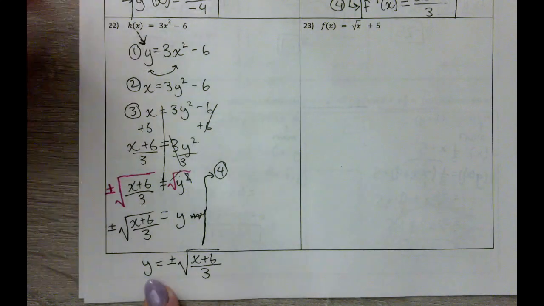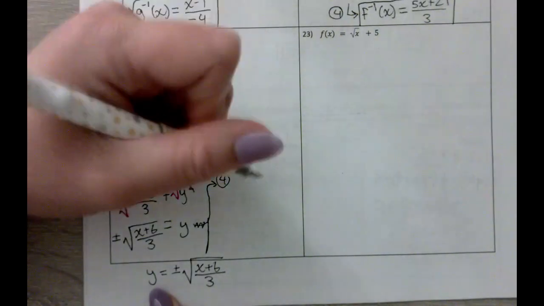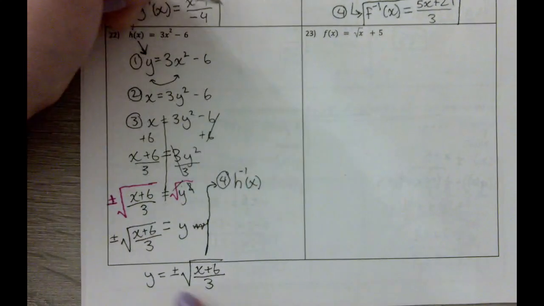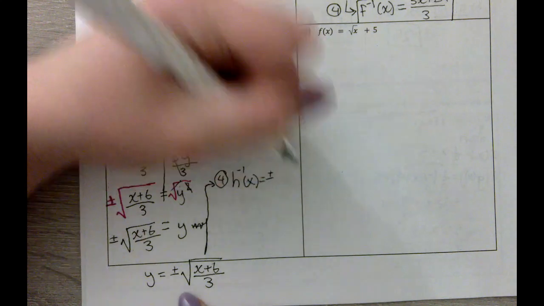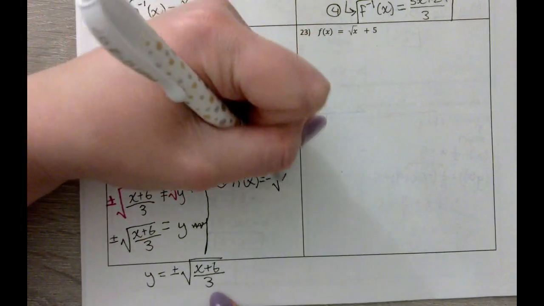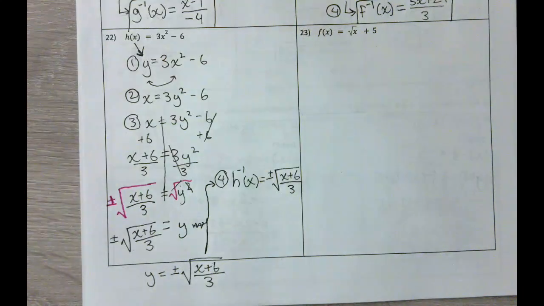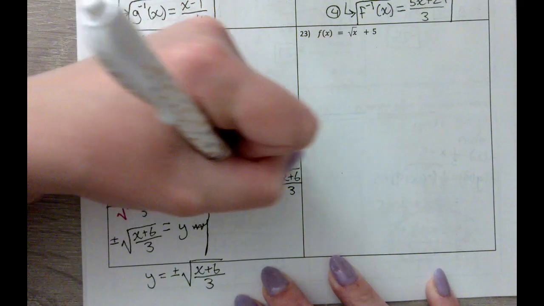So remember, replace the y with the letter you started with. We started actually with an h. And remember, this is the inverse of h. And then your equation: plus or minus square root x plus 6 over 3. This is my final answer.